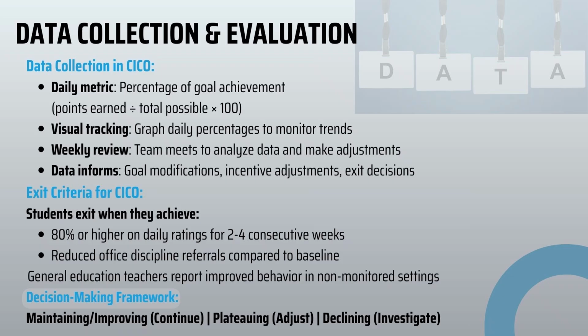We may have them exit check-in and out if we see reduced office discipline referrals compared to their baseline, for example, if they had a baseline score of 6 referrals a week and they're down to 0. And our gen ed teachers report improved behavior in non-monitored settings.